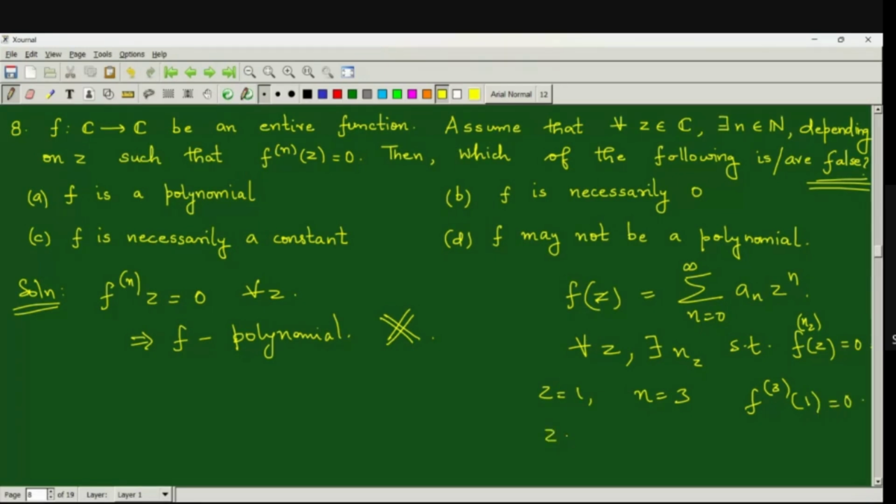But if I take z equal to 2, I will get some other n. It is 5, so that derivative is 0. But this doesn't mean that the fifth derivative at 1 is 0 or the third derivative at 2 is 0. It doesn't mean that the nth derivative is 0 at every z. That's why I'm asking you how you got it as a polynomial.